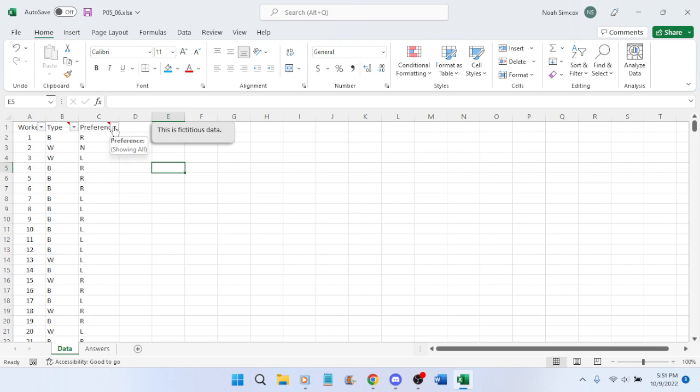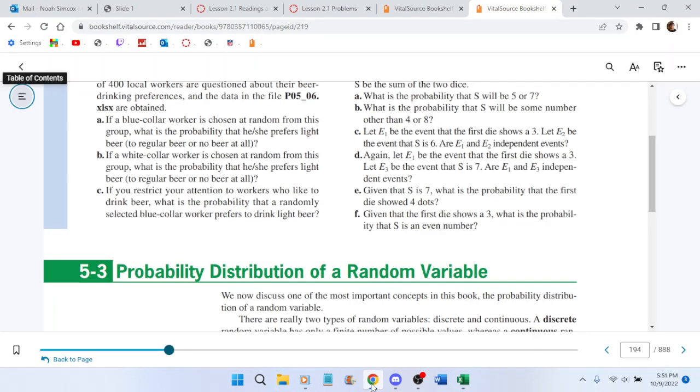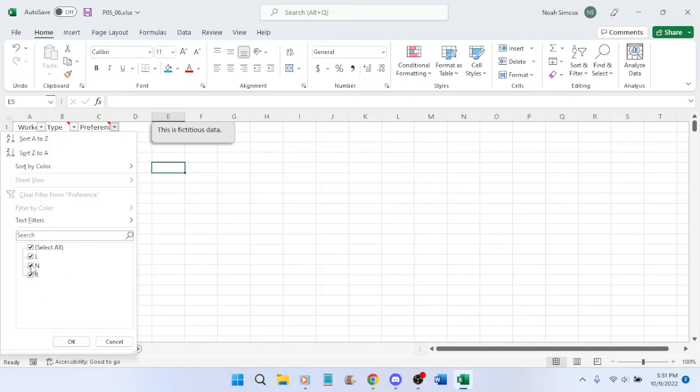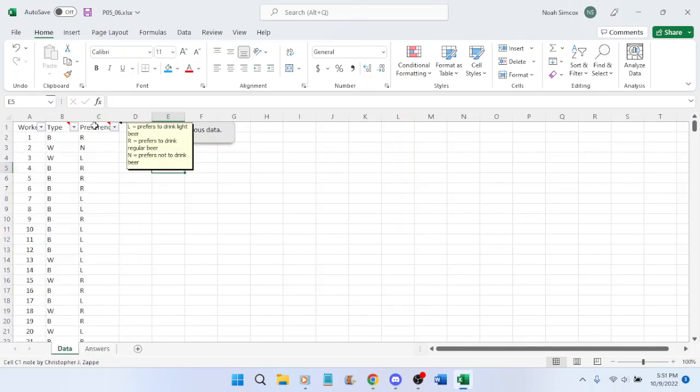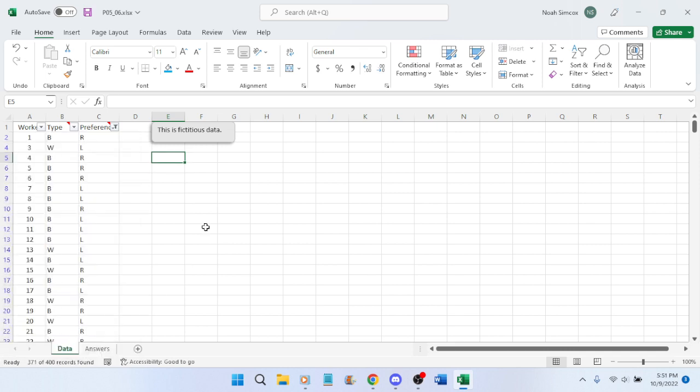Restrict your attention to people who like beer. Therefore, you must deselect N. N means no drink, not drink beer. Now we have restricted our attention to that. Good.